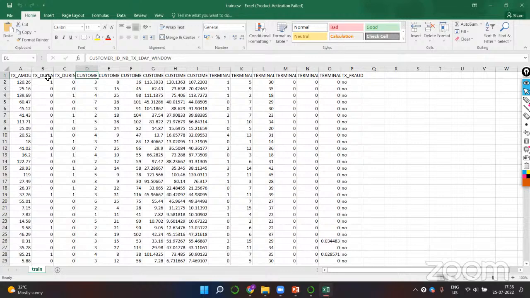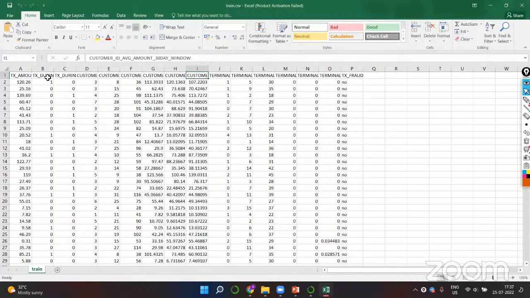How many transactions are they doing in a 1-day window? How many transactions are they doing in a 7-day window? And similarly, how many transactions are they doing in a 30-day window? And then you're taking a look at what is their average amount for a 1-day window, 7-day window, and a 30-day window.